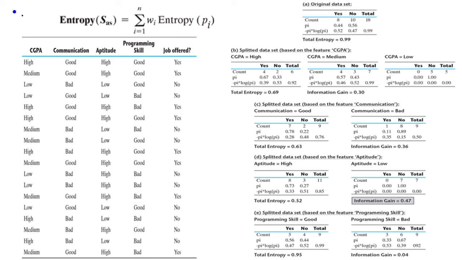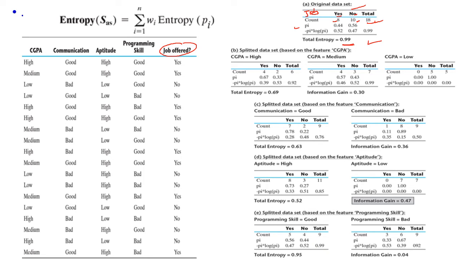Now let us try to compute the entropy of all given attributes. Initially, that is before split, the entropy is 0.99. We have already seen that the total number of records we have is 18, and job offered yes is 8 records and no is 10 records.